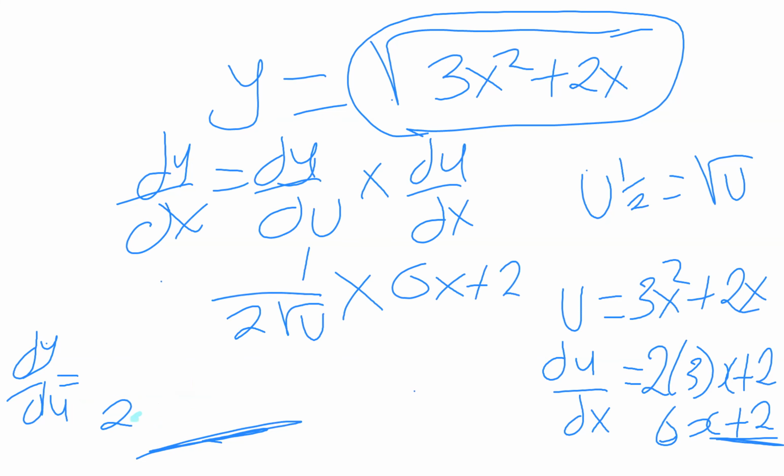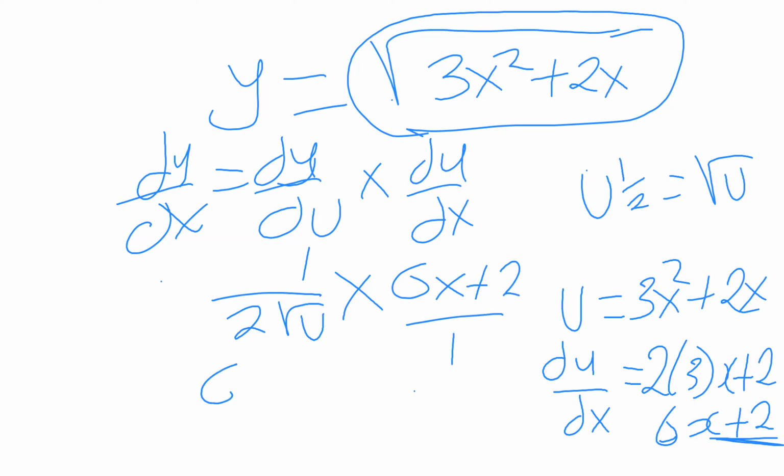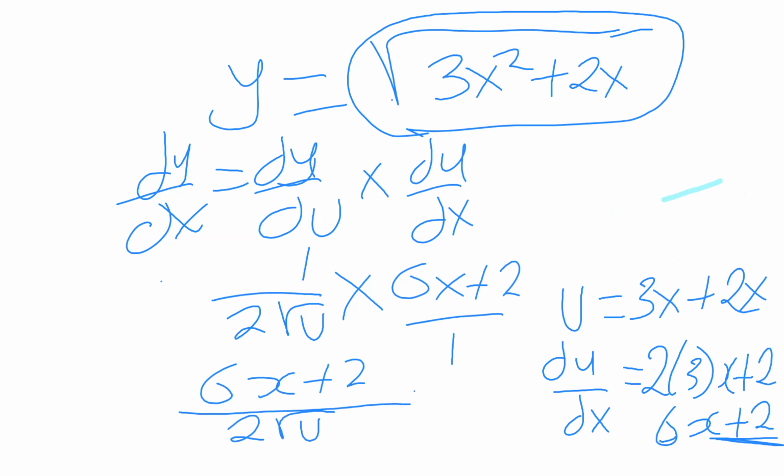You got it? Yes, I did. Over 1, 1 times the numerator gives the numerator: 6x plus 2 over 2 times the square root of u. Do you follow? Yes, I'm following.